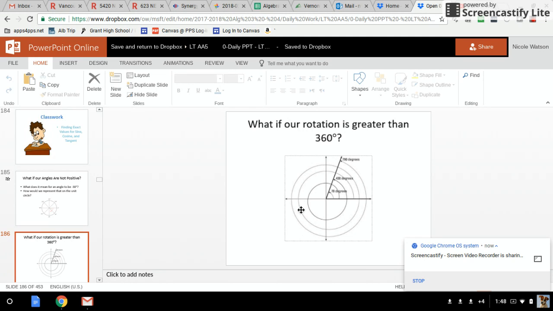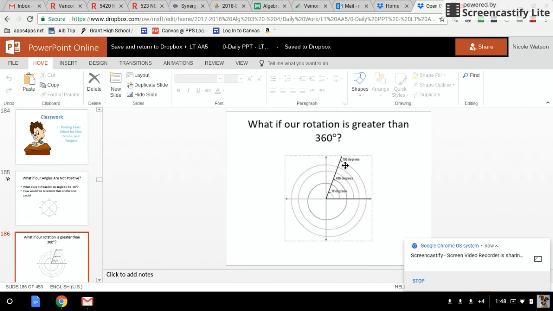If it is 430 degrees, that's only past one rotation. So if it's between 1 and 2 rotations, I can just take my angle measurement and subtract 360. For instance, I see 430 here, so I do 430 minus 360, and it's 70 degrees. That tells me that 430 degrees and 70 degrees are the same, okay?